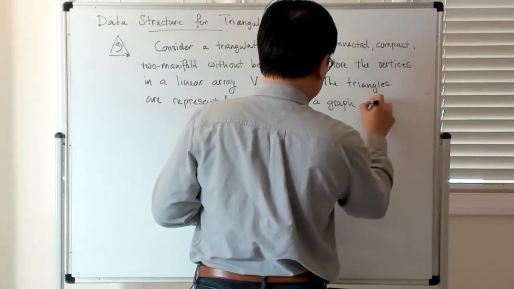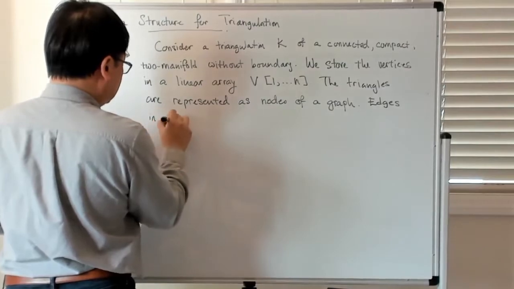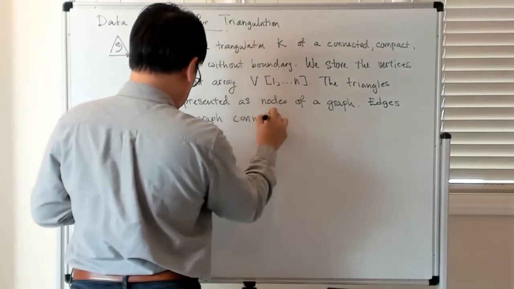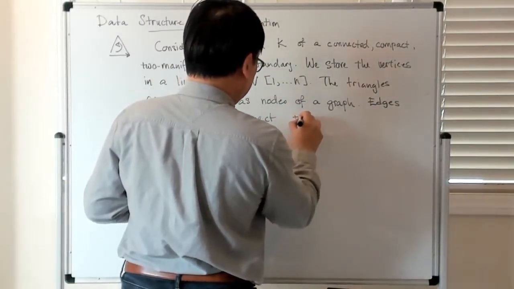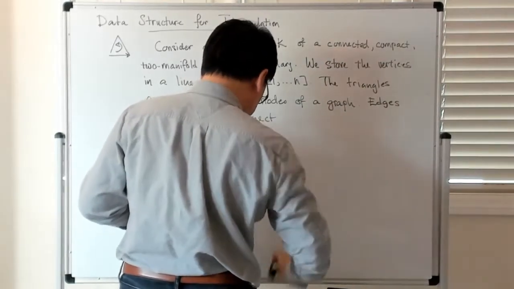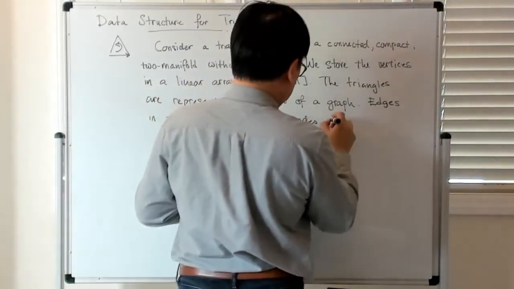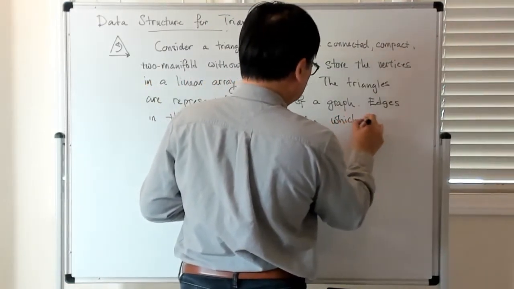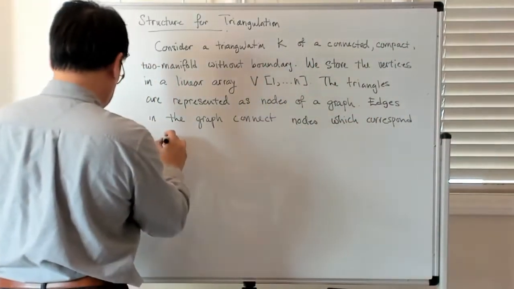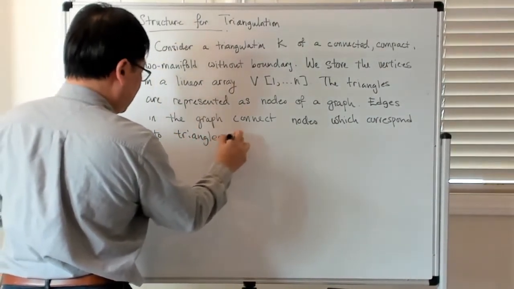So the edges in the graph connect nodes which correspond to triangles with a common face.